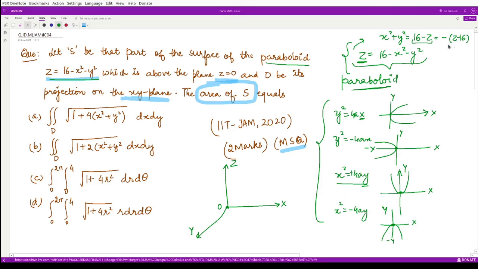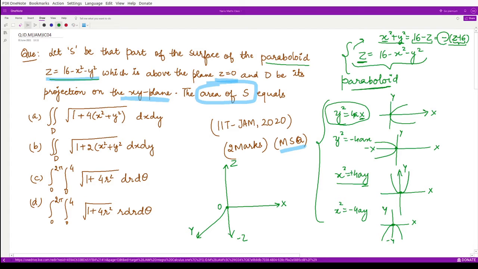So this equation has now the form x square plus y square equals minus of z minus 16, right? One thing is you have minus, that means it would be in the negative z direction. So this paraboloid will now face in the negative z direction. Another thing is that there is a displacement of 16 units in z.